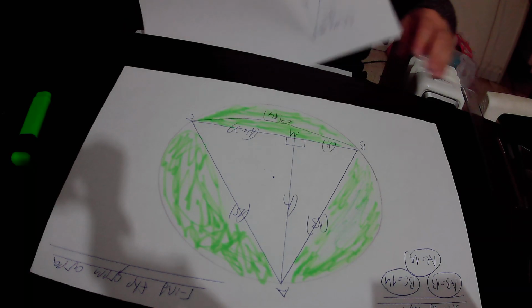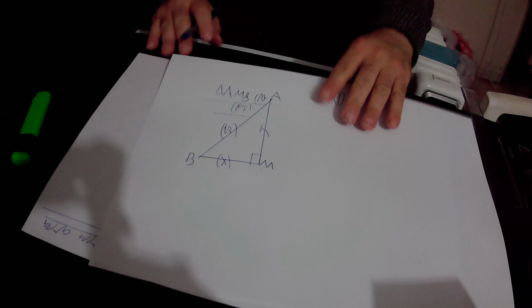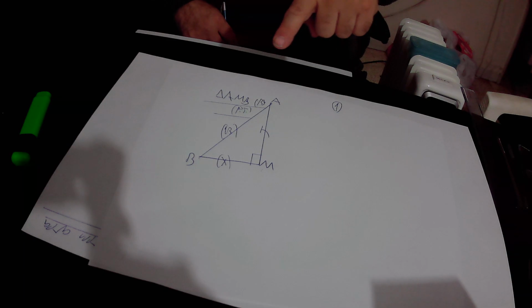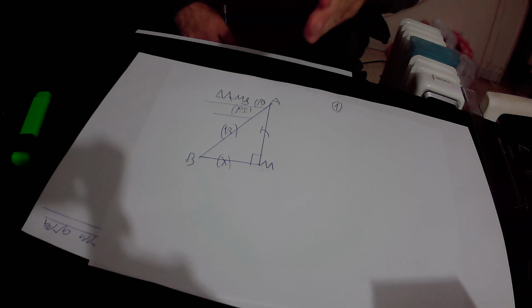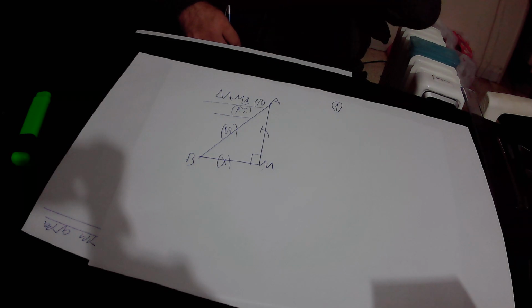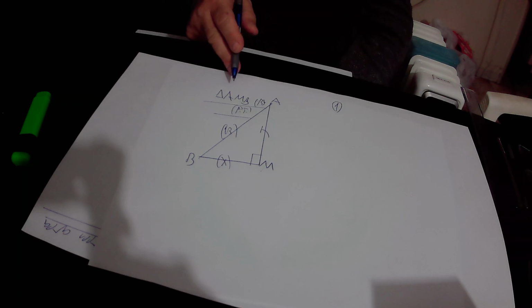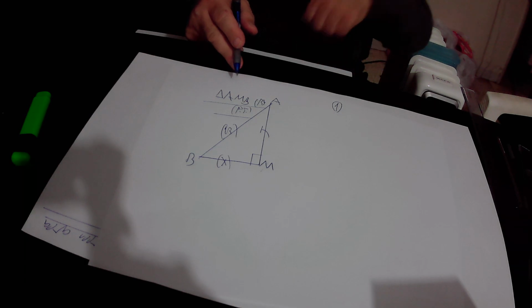So actually, this is the right triangle ABM that I copied from the original drawing. Side AM equals H according to our definition, side BM equals X also according to our definition. And the hypotenuse AB of this triangle equals 13 units in its length according to what is given in the question. Here, PT is the relation for Pythagoras theorem.